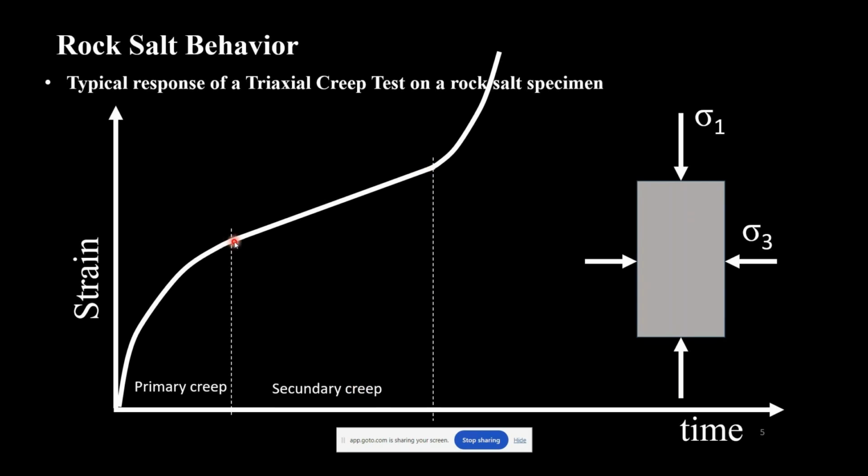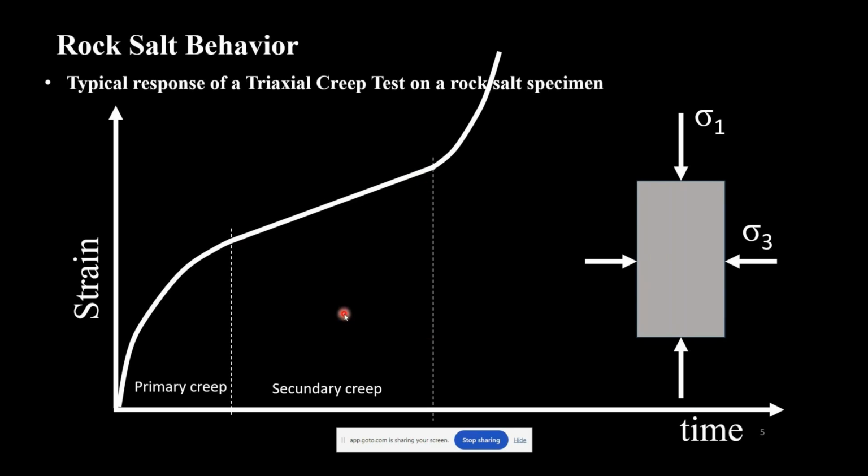Here, this region we call secondary creep. So this primary creep is temporary and relatively fast, and the secondary creep remains forever, basically. As long as you have differential stress, theoretically, the secondary creep would remain active, deforming the rock.